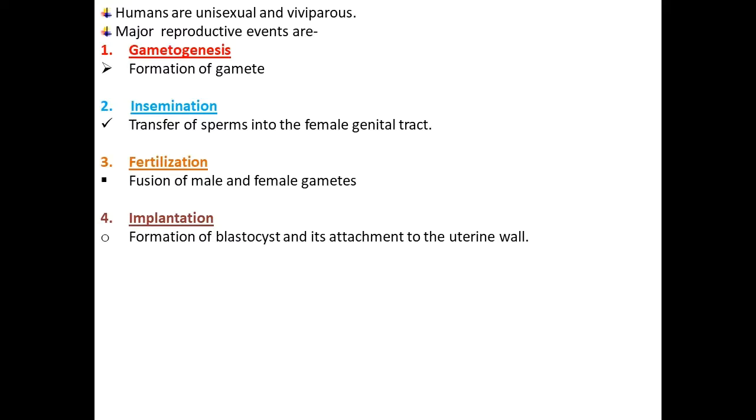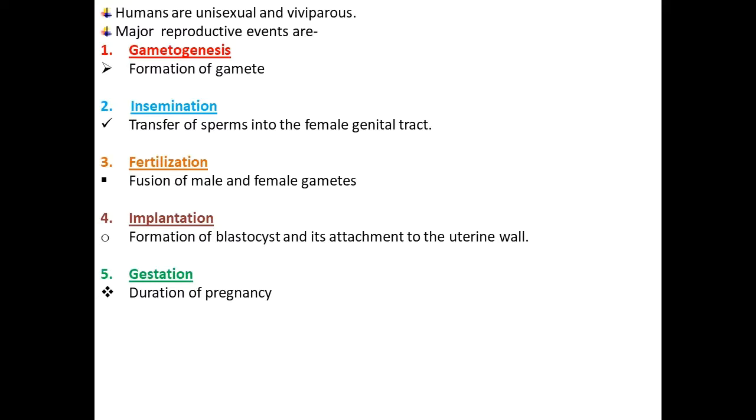Understood? If the implantation is there, the embryonic development will continue to take place. So that period, the duration of pregnancy in which the embryonic development takes place, repeating, the duration of pregnancy, which is of 9 months in human beings, is called gestation.